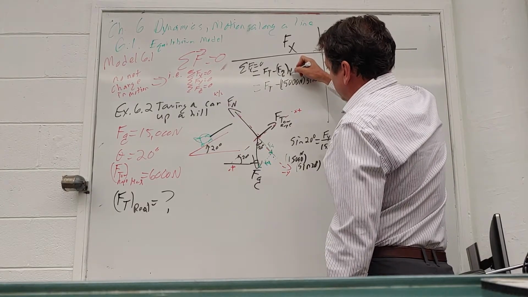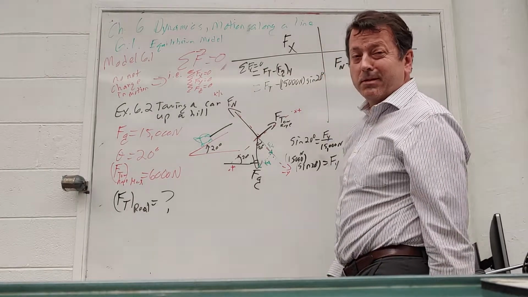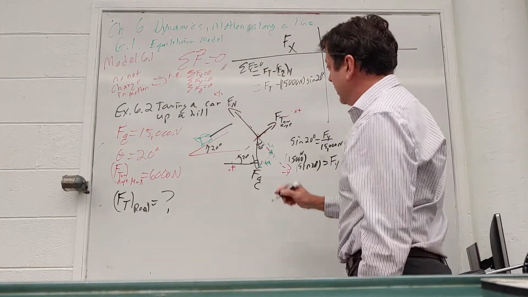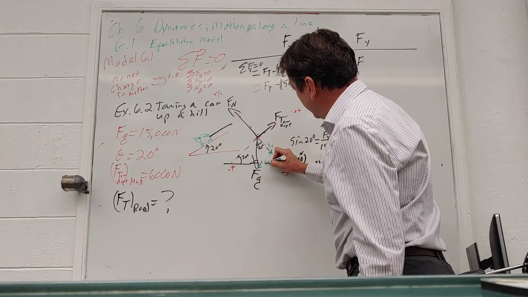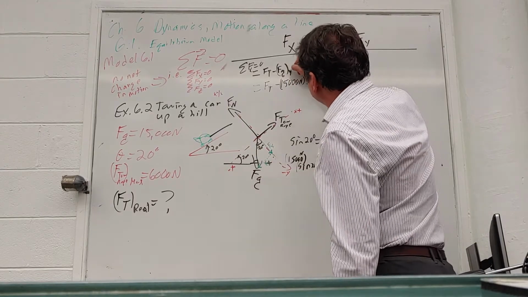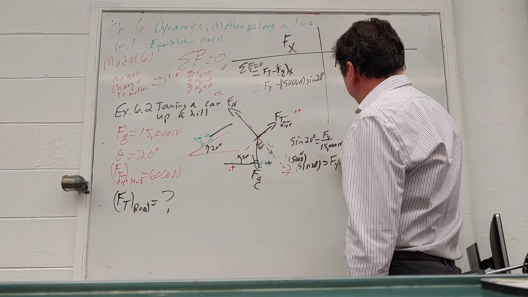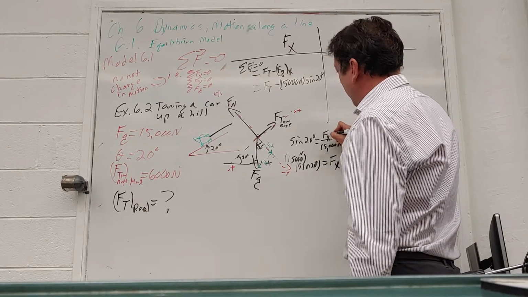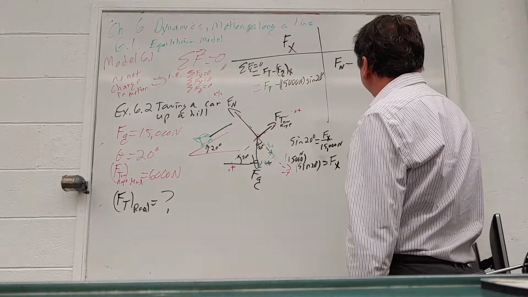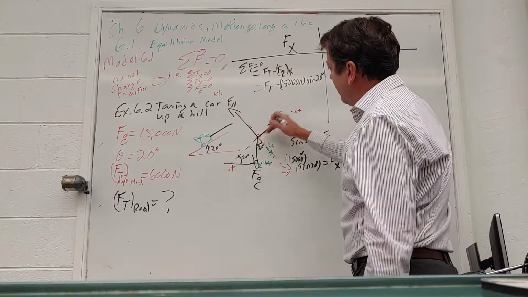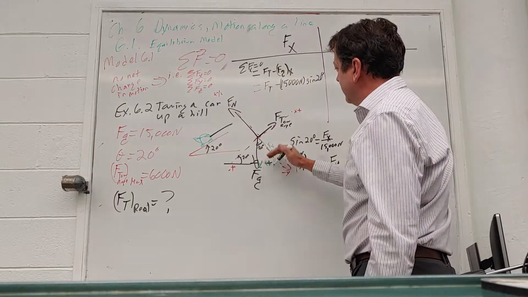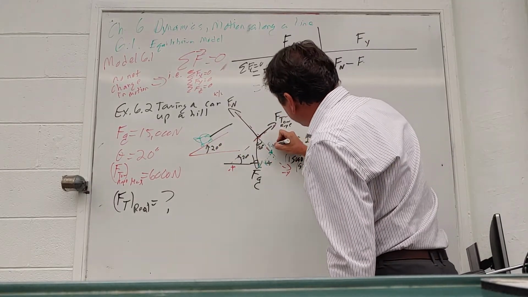I am so sorry. I messed up. My bad. Forgive me. That's X going down this way. That's an X component. That's X component. That's X component. It's been a long day, by the way. That's the X component of the weight, in this direction. I even messed it up right there.